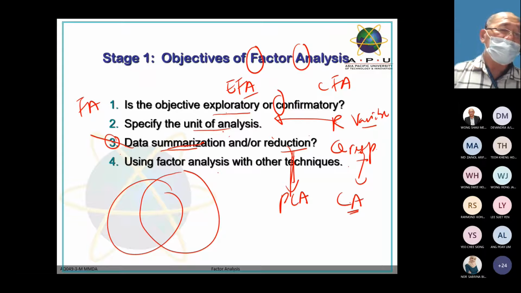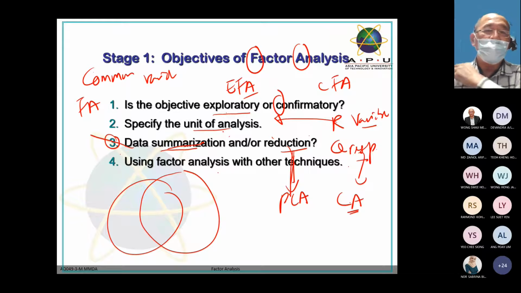So in factor analysis, we find the common variance. But in PCA, we do data reduction. It means, let's say you've got the first four variables, you group them together, and they become factor 1.